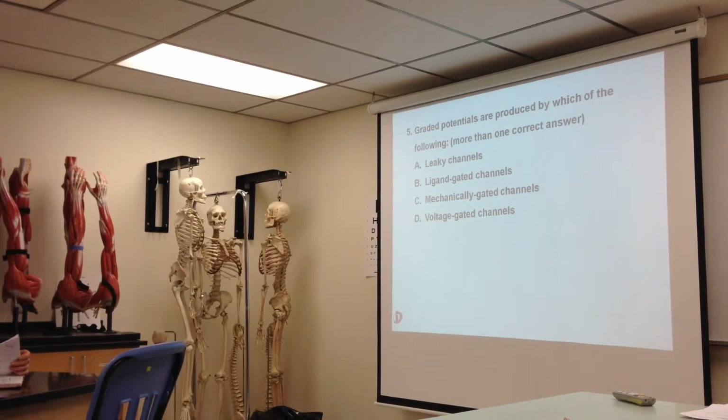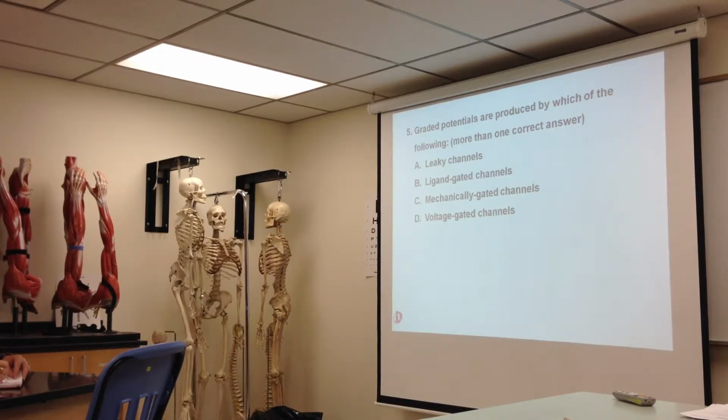Mechanically gated, you may open a few, you may open a lot, depending on the force that's being put on the cell. Ligand gated, you may have a few neurotransmitters, you may have a lot of neurotransmitters. And leaky channels, we see this changing most predominantly in heart muscle, where it gradually increases over time.